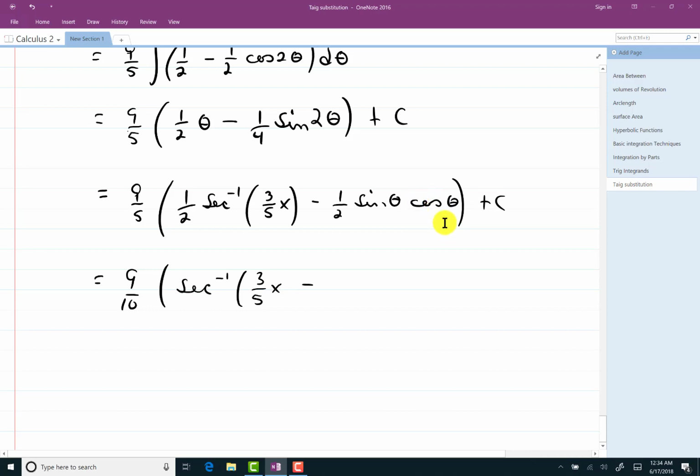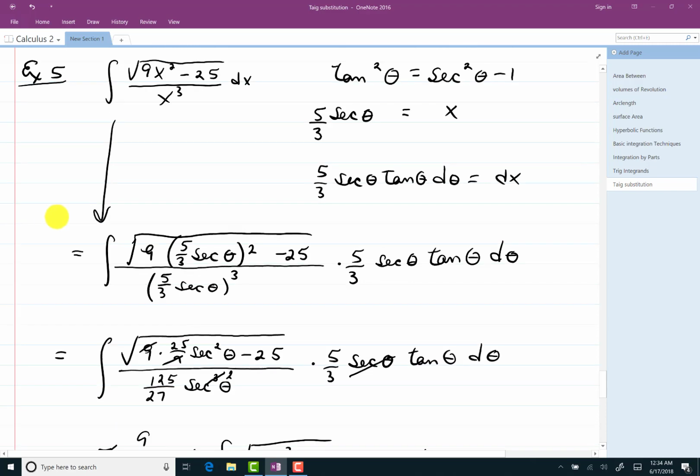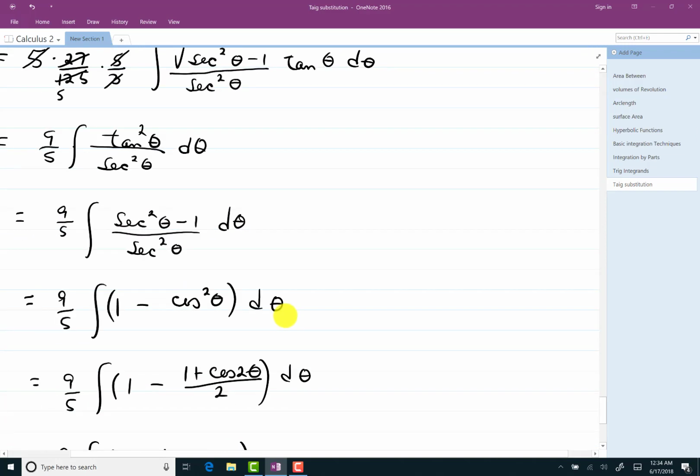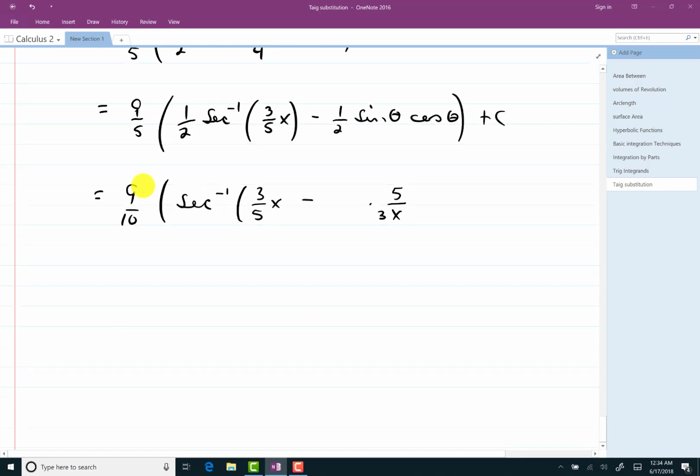Cosine, if secant of theta, let me write it up here. I shouldn't encourage going so fast here. Secant of theta equals 3x over 5. That means cosine of theta would be 5 over 3x. And then sine of theta, well, what would that be? I think it's a good idea to draw a triangle again.